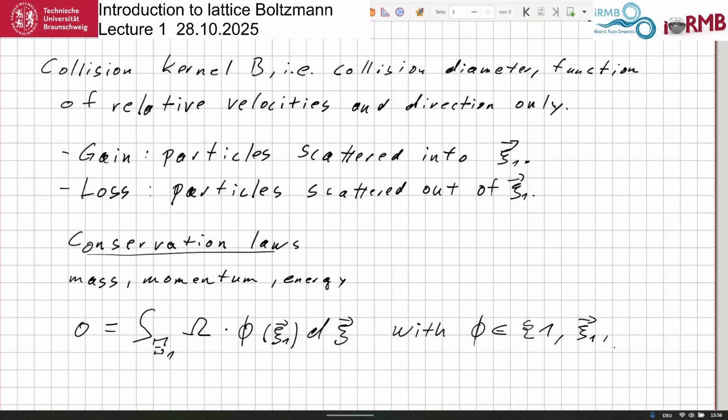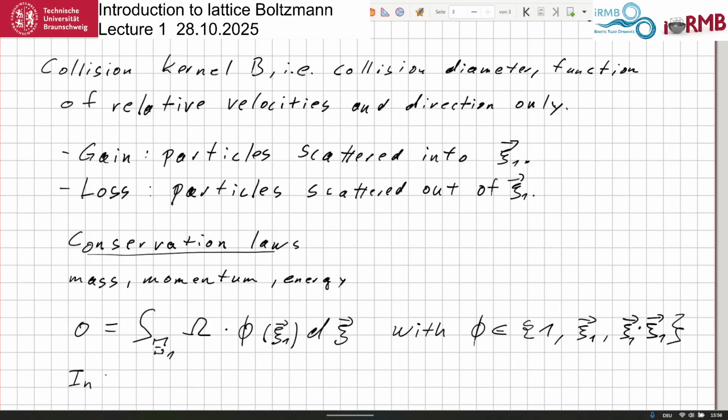The same is true for energy, which is Xi1 times itself. When phi is this, it will also be 0. For other things, this will typically not be 0. So these are the conserved moments, as we call them, and other things would be non-conserved moments, because something has to change during collision. Otherwise there's no collision.